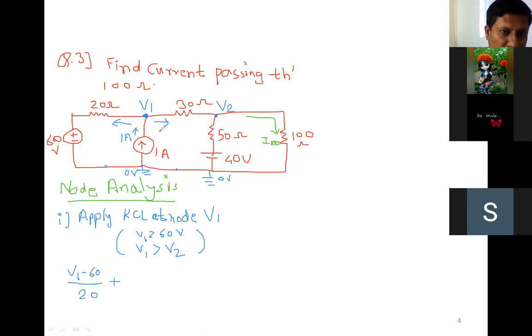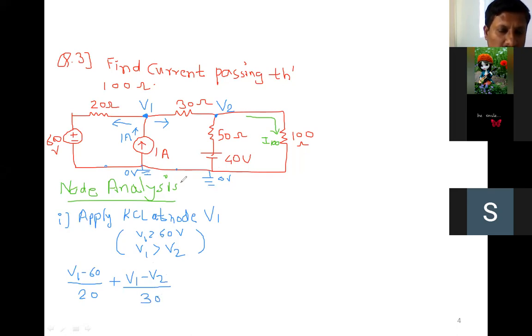Next plus V1 minus V2 divided by 30 ohm.